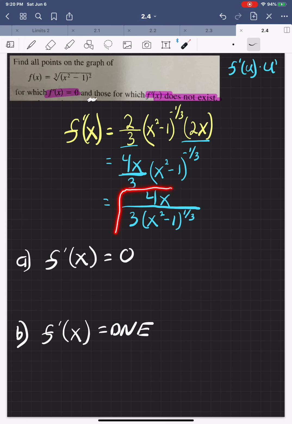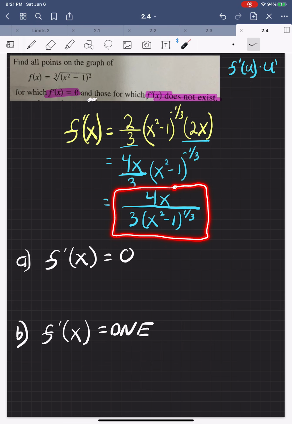See, once you have simplified your derivative into this fraction, this rational function, watch how easy this is. If you want to make a fraction equal 0, you have to make the numerator equal 0.